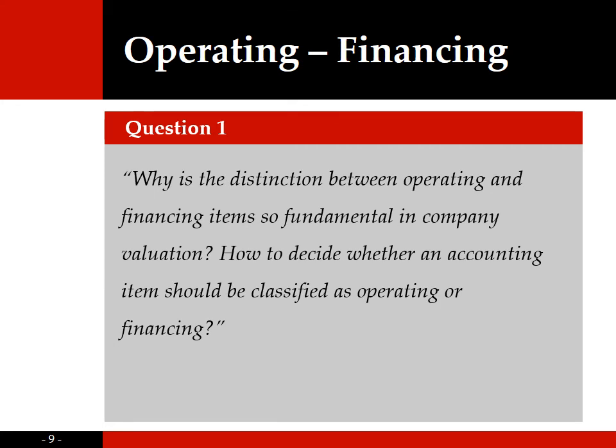Should I treat it as an operating item or a financing item? And based on what criterion will I decide whether this is an operating or a financing item? Again, there are several arguments, several points you can make about this question, and you are most welcome to mention more than one.